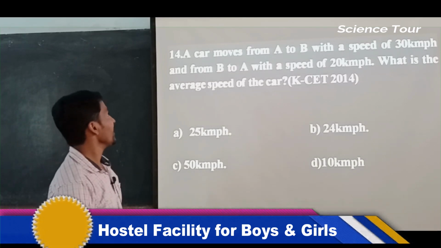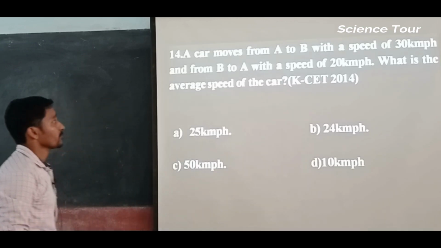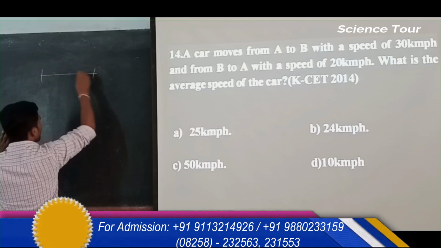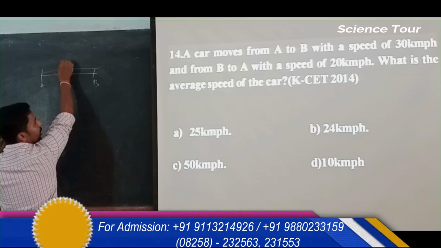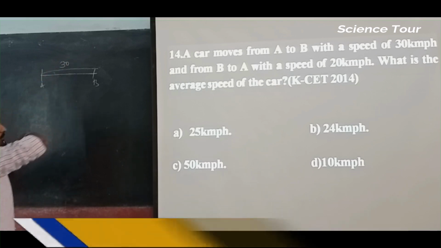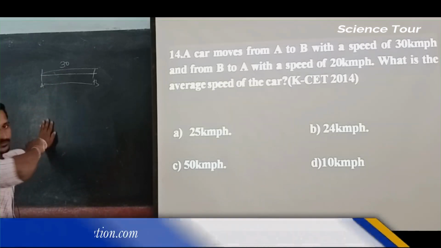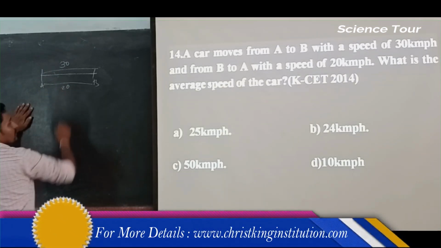A car moves from A to B with a speed of 30 km per hour and from B to A, same distance, with a speed of 20.